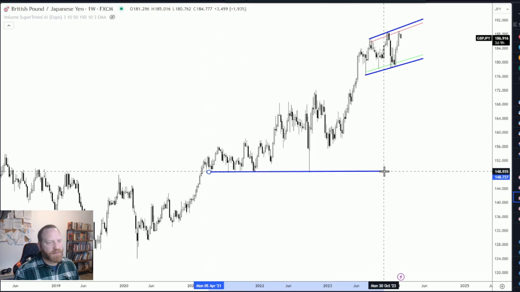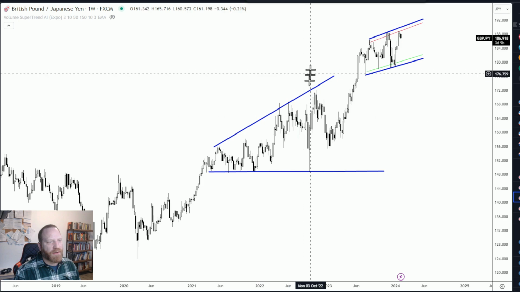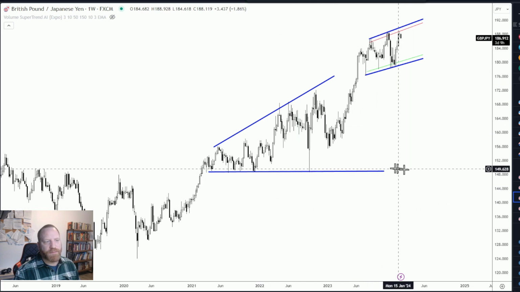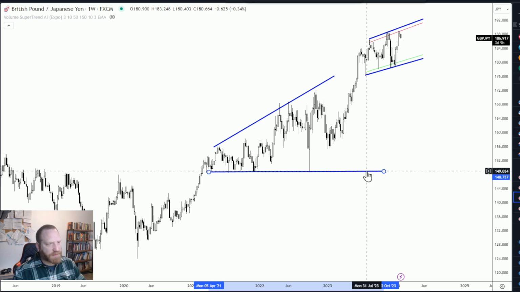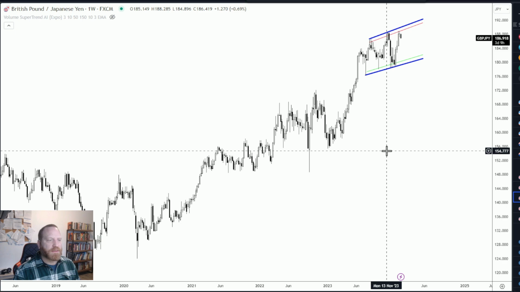For instance, here, this has a megaphone structure, but it was never able to break on the downside and it continued up. So you have to be careful. You can't take for granted that a structure is always going to work in your favor.